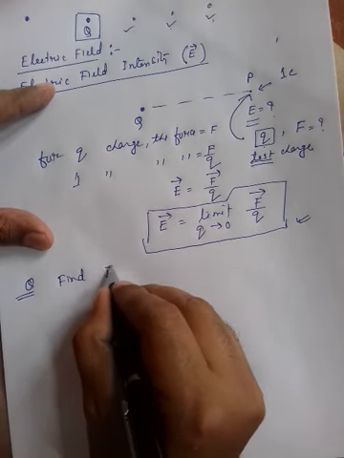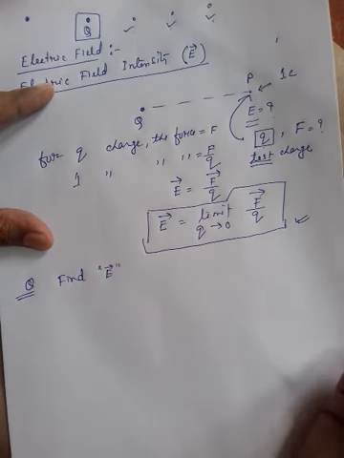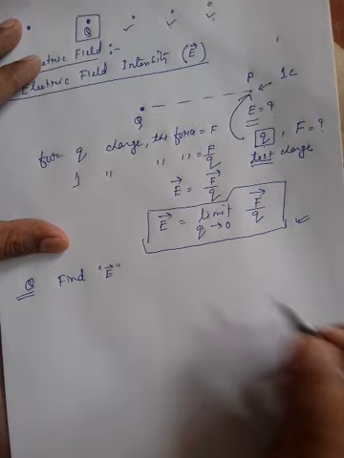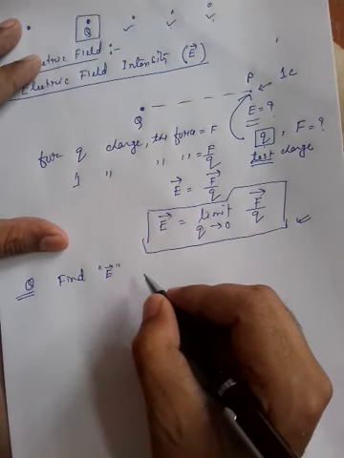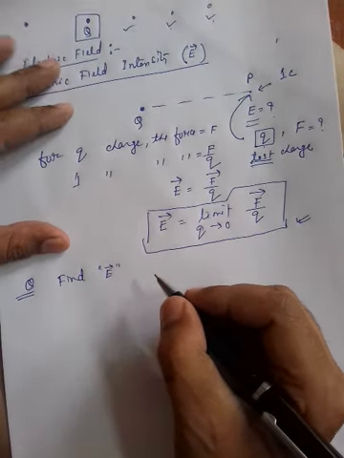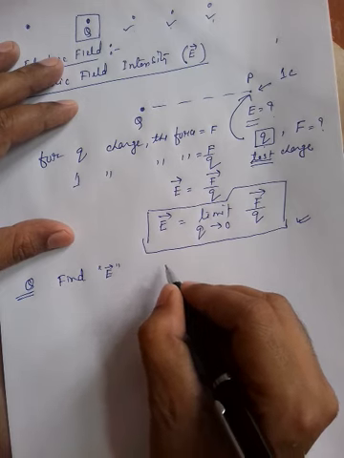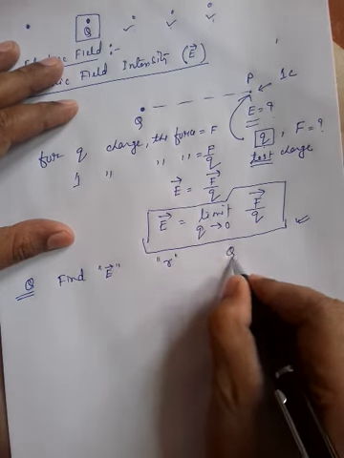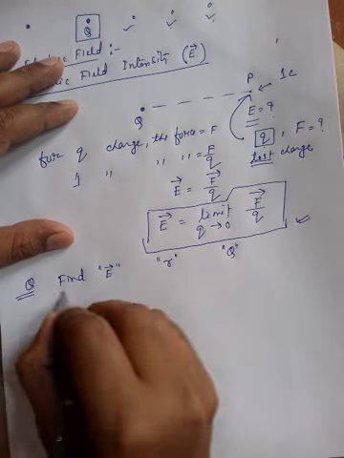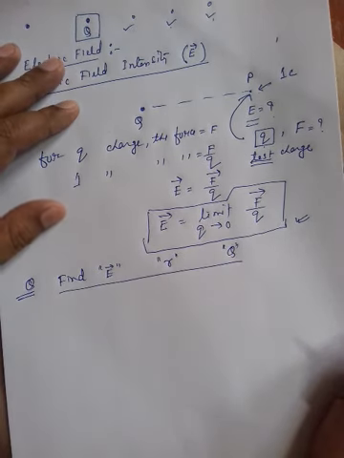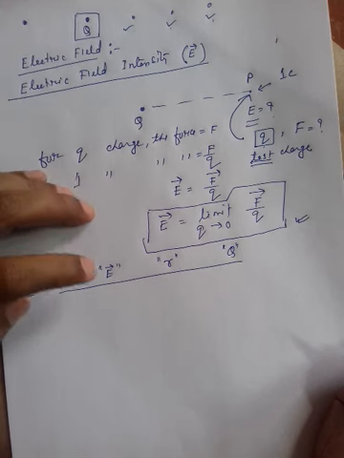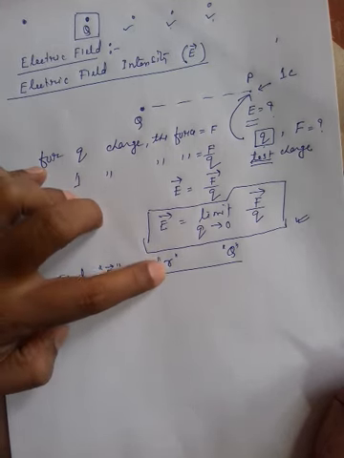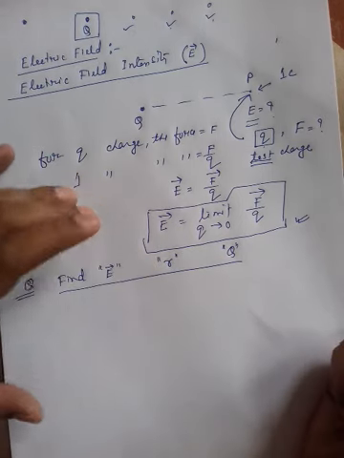Find electric field intensity at a point at a distance r away from a point charge capital Q. You write the question first: find electric field intensity E at a point at a distance small r away from a point charge capital Q.